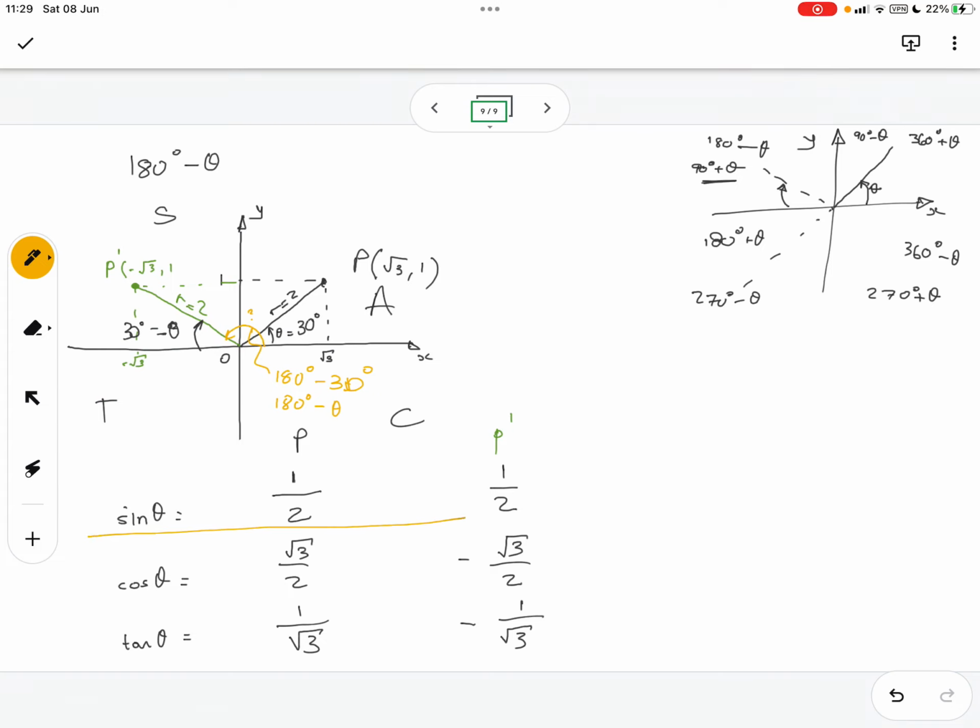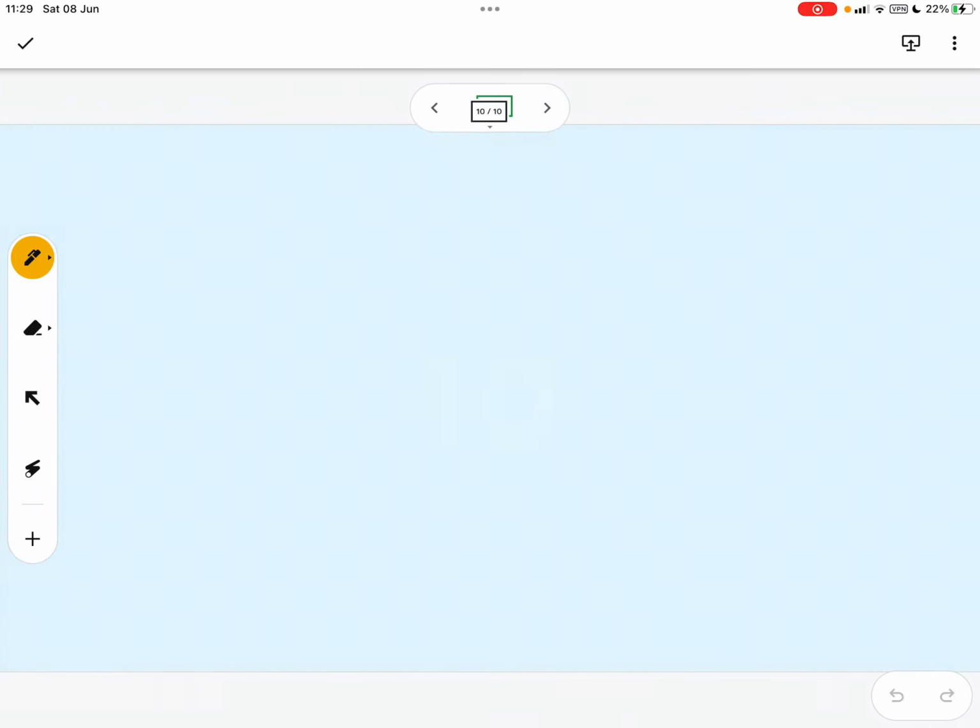So since it's all trig ratios, sine and cosec, and tan and cotan, then sine seems to be the only one that's positive up in here. Sine is the only one that's positive. You see that? Yeah.